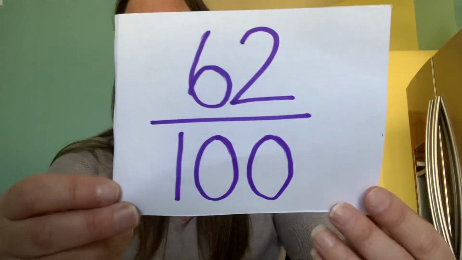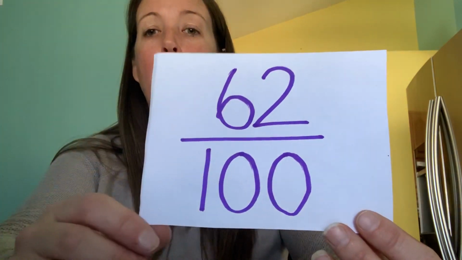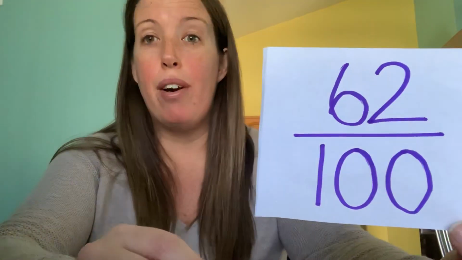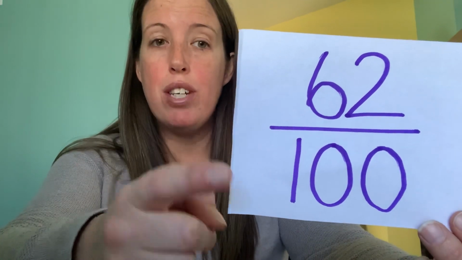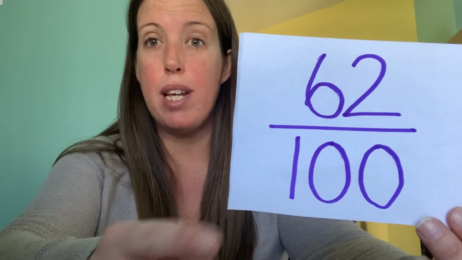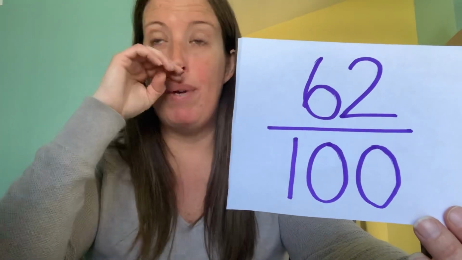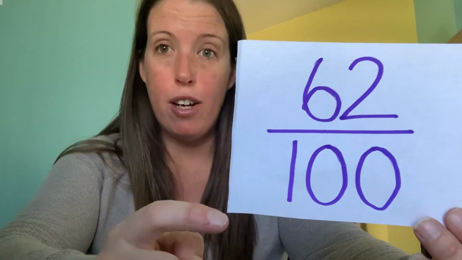So I have the fraction here, and I see the number 62 as my numerator and 100 as my denominator. For today, all of our fractions are going to have a denominator of either 10 or 100 to represent tenths and hundredths. So over here I have a denominator of 100, which means we're dealing with hundredths.